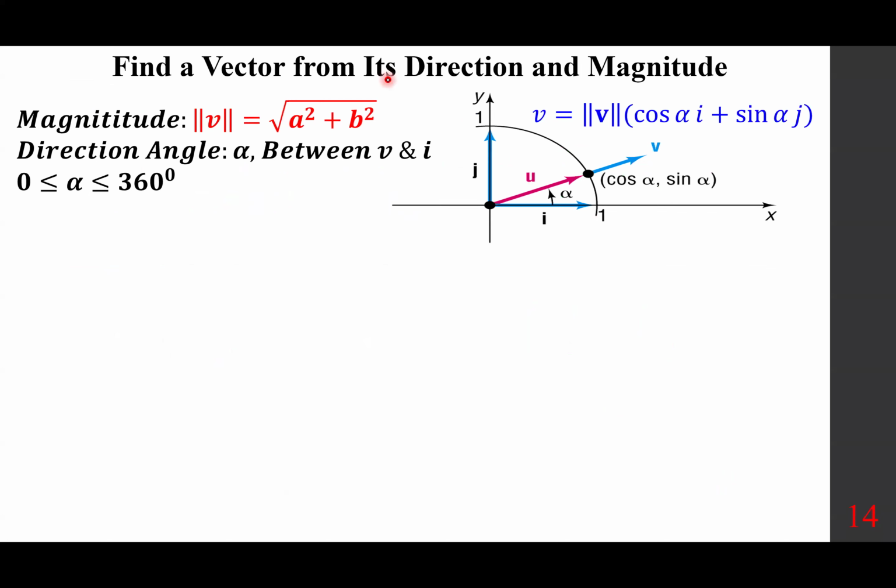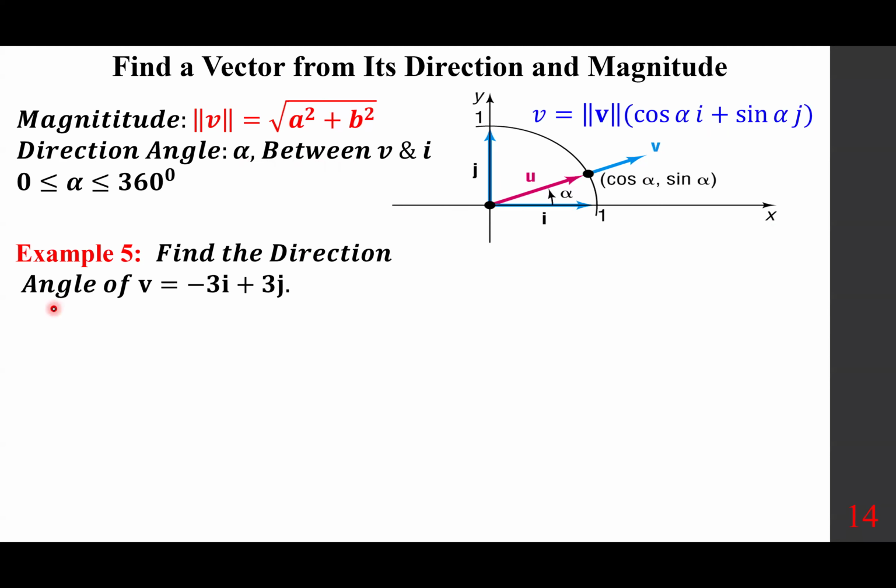Find the vector from its direction, and the vector is the magnitude times the unit vector, cosine alpha I plus sine alpha j. So alpha is the angle between the v vector and the positive side of x, the I, in essence.